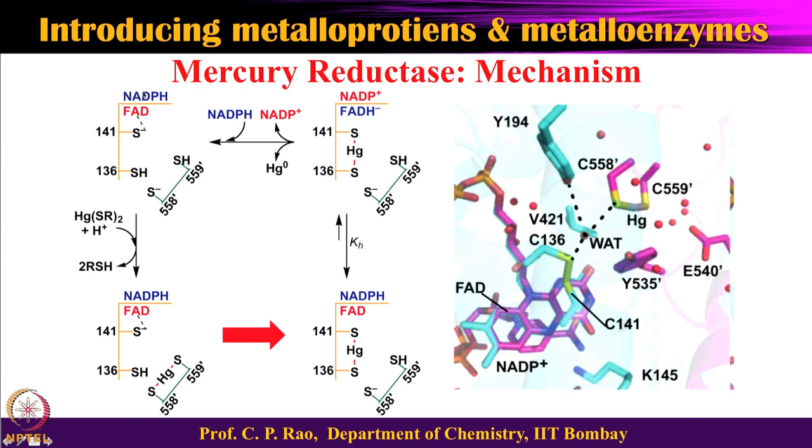And NADPH, this is the reduced form, and this is the normal form that you have. So, therefore, you have a redox. Let us look at it another way. At the surface it is bound at another pair, and then due to the conformational change it is moved to 558, 559. Again, when it binds here, due to the conformational change it will flow the mercury ion through this particular pair to 136, 141.